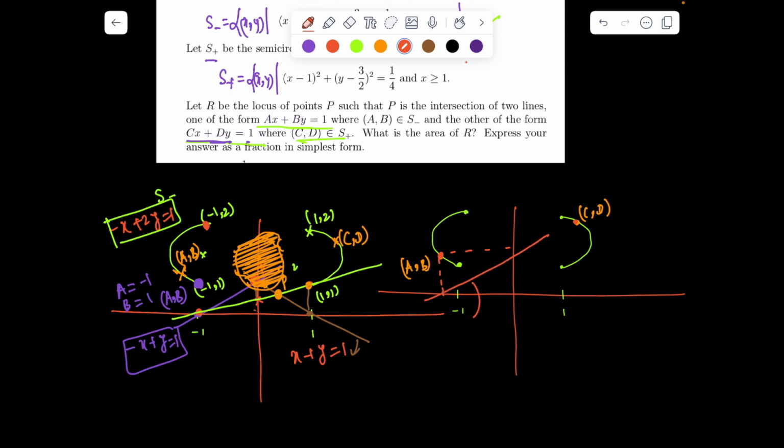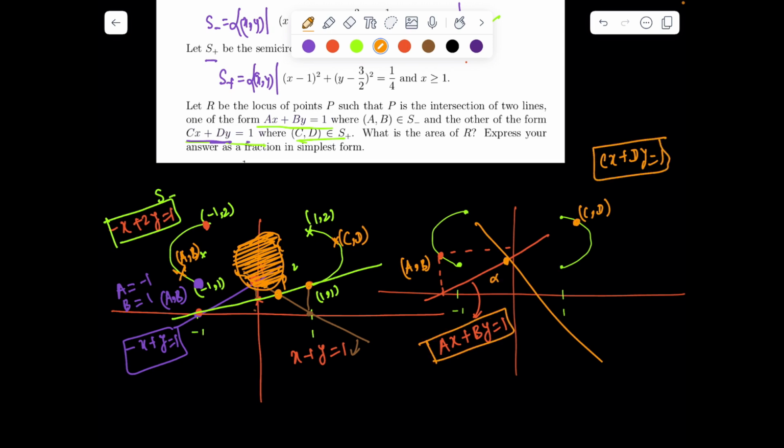Let's say it represents a line whose equation is given by ax plus by equals 1. Similarly, corresponding to C comma D, I can generate an equation cx plus dy equals 1, where cx plus dy equals 1 will represent some line over here. And let's say the point of intersection of these two lines, cx plus dy equals 1 and ax plus by equals 1, is alpha comma beta.